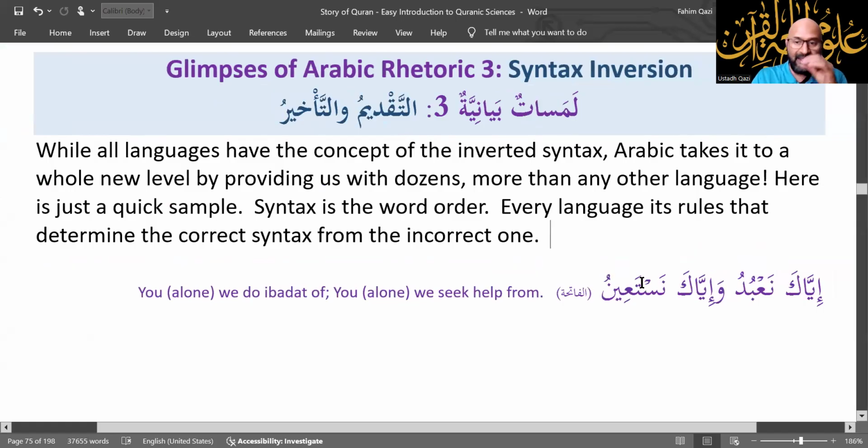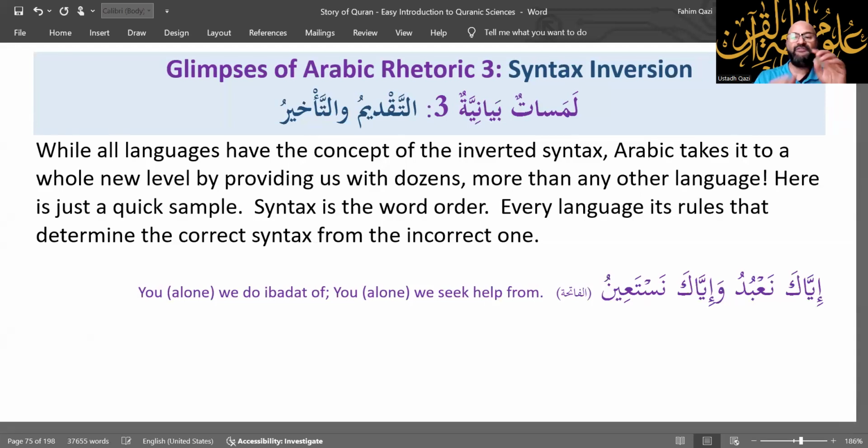So in Arabic, the syntax is verb first for the verbal sentence. I'm talking about the verbal sentence, not the nominal sentence. For the verbal sentence, the normal syntax is to put the verb first, then you put the doer, and then you put the object.